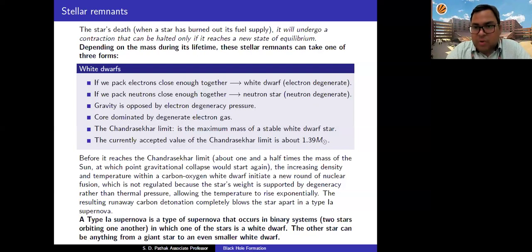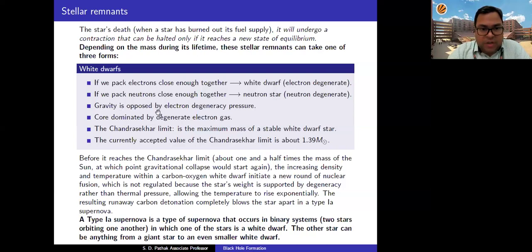Positron comes out, meaning the proton is converted into a neutron and a positron is formed. In the opposite process, a neutron is converted into a proton, an electron is formed, and then an anti-neutrino comes out, right? So the neutron will populate the core, and this type of star is called a neutron star.